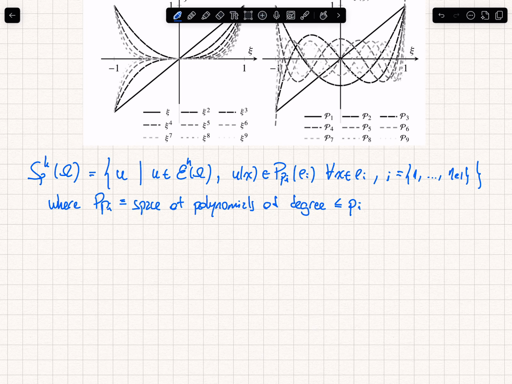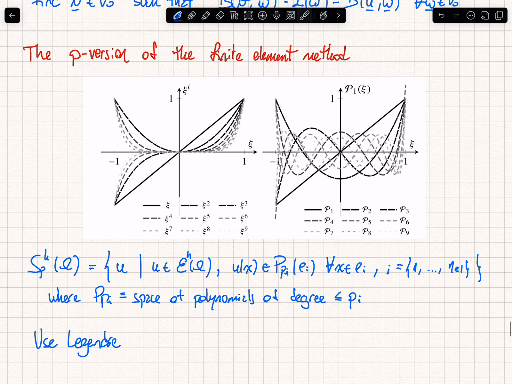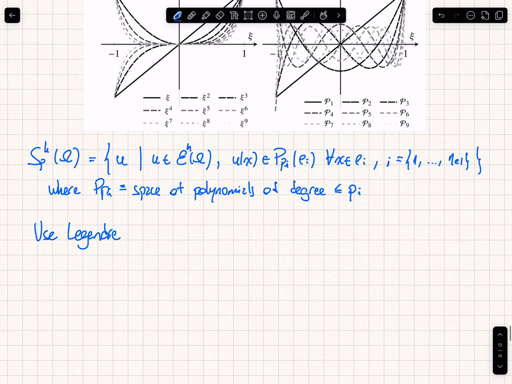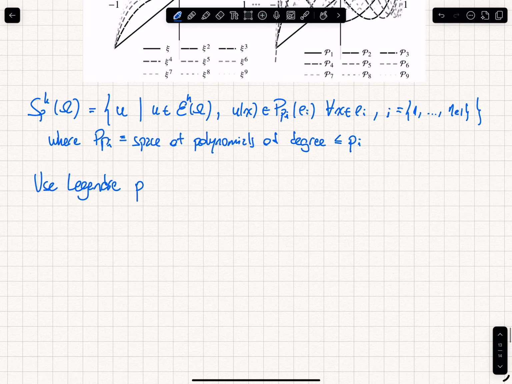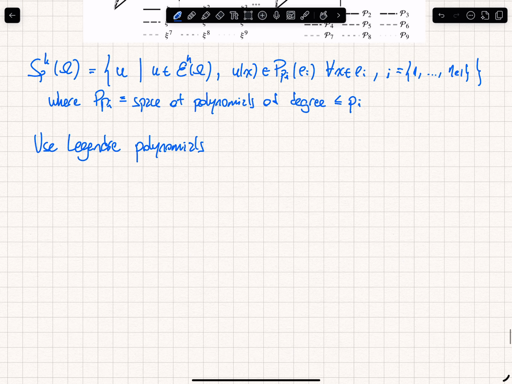So we're going to use the Legendre polynomials, which are the ones that I show here. These are the Legendre polynomials, as the basis. And well, our polynomials, our shape functions, are going to look something like this.